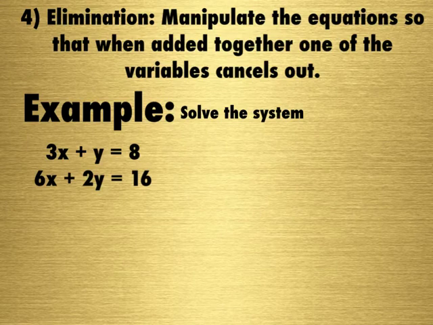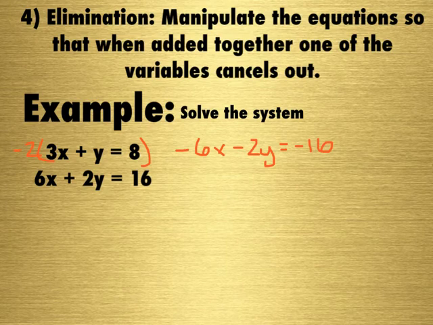With the elimination method, the goal is to make the numbers actually cancel out. So I'm going to manipulate my top equation here, and I can do that by multiplying by negative 2. When I multiply by negative 2, I'll get negative 6x minus 2y equals negative 16. We'll add this to 6x plus 2y equals 16.